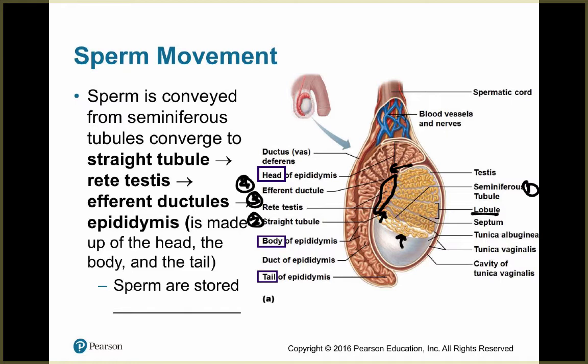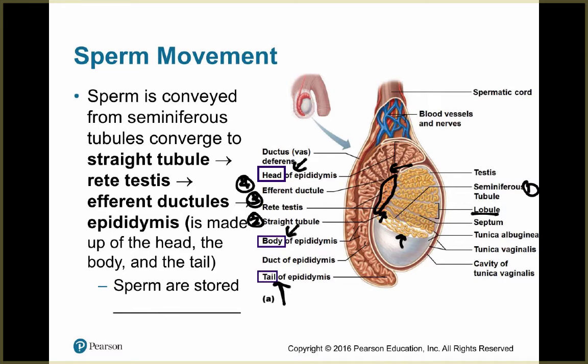Now, the epididymis is actually made up of 3 parts. It's made up of a head, a body, and a tail. If you look at where the efferent ductules are, you'll notice that they come in contact with the head. So it's going to go from the head down to the body to the tail.